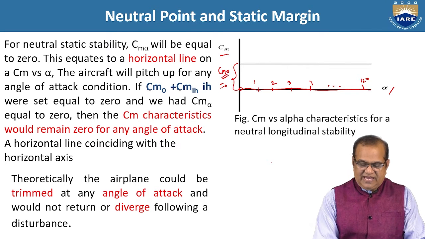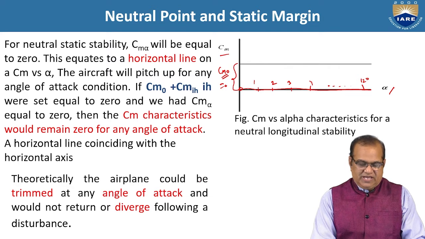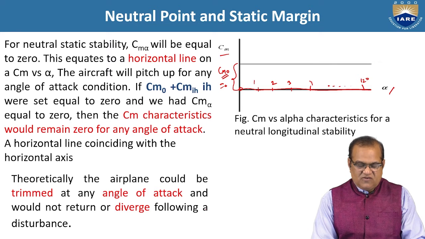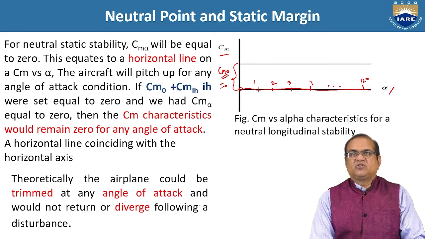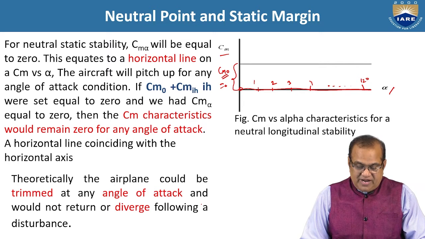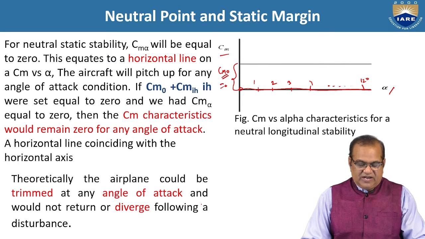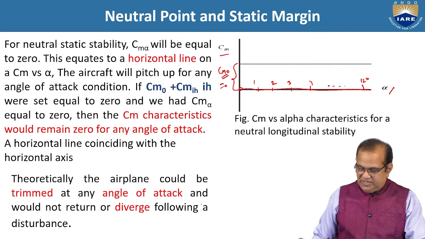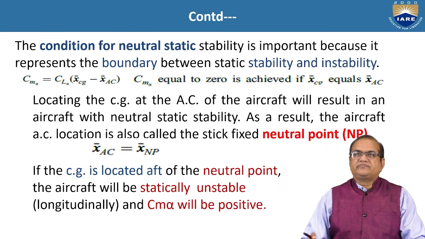Theoretically, the airplane could be trimmed at any angle of attack and would not return or diverge following a disturbance. So the neutral point, it can be trimmed at any angle of attack and will not return or diverge following a disturbance.